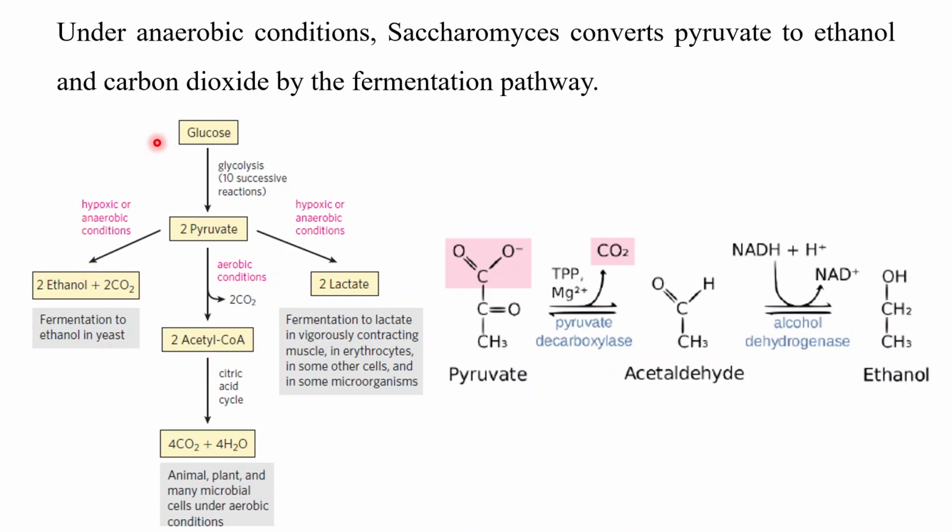So this is a less energetic process, a less efficient process, and that's why only a few organisms do this. This pathway is also not a common pathway found everywhere. It happens only in specific conditions, when there is a lack of oxygen. Only in that case will this pathway occur.